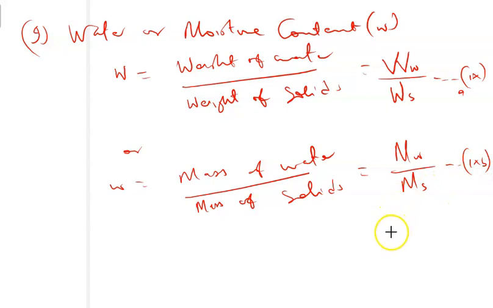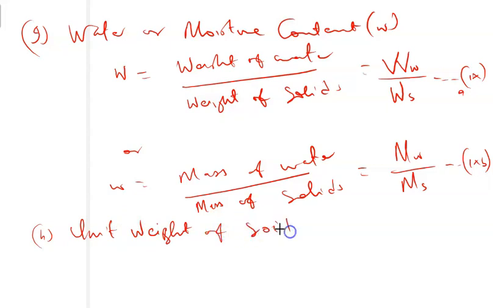So the next thing we look at is the unit weight of soil. We denote this by gamma. The unit weight of the soil refers to the weight per unit volume.